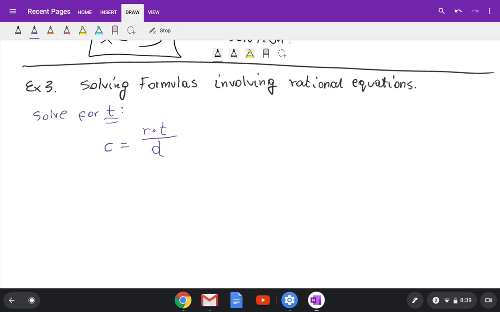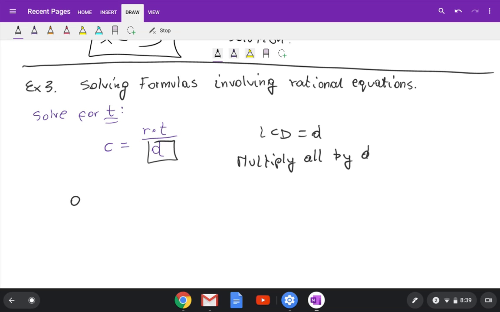Okay, so first what we're going to do, we're going to remove the fraction. So in this case, it's a nice example. You guys see the denominator is d. So the LCD is just d. So multiply all by d.